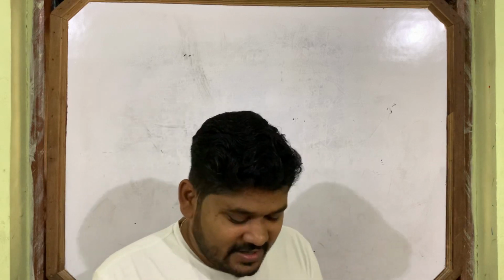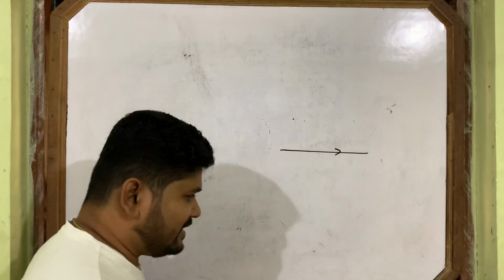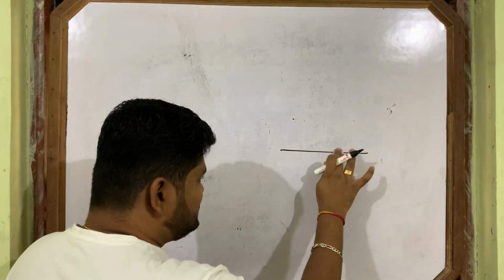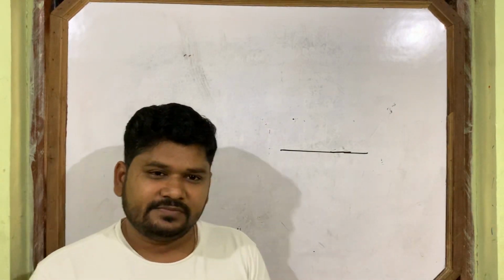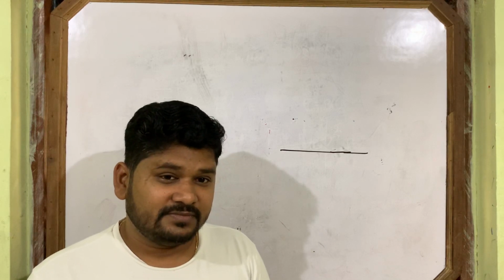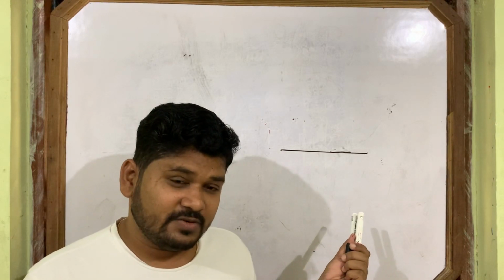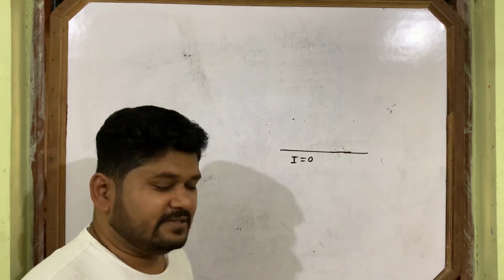Then a question comes to your mind. When the conductor is just lying, no current passes, it is just present in the magnetic field, no current is given to this conductor, there also charges move or not? There also charges move, meaning force acts on this conductor when no current is given, current equal to 0, and it is in a magnetic field.